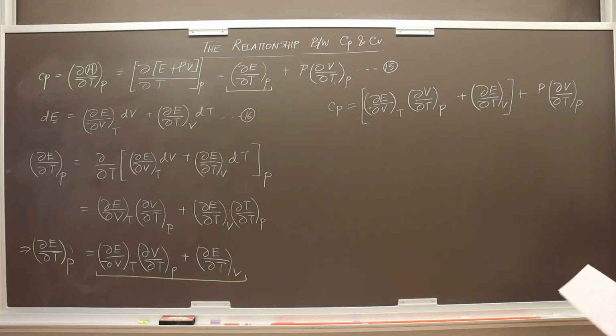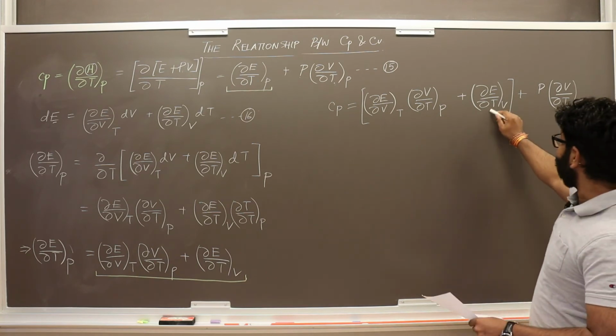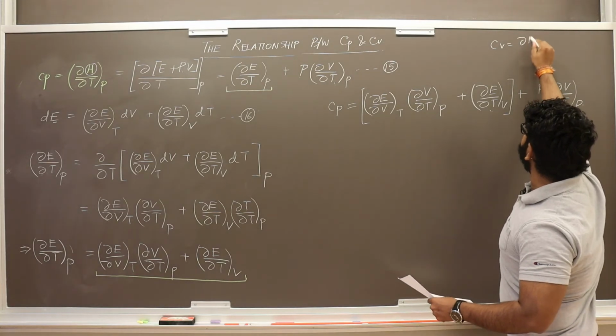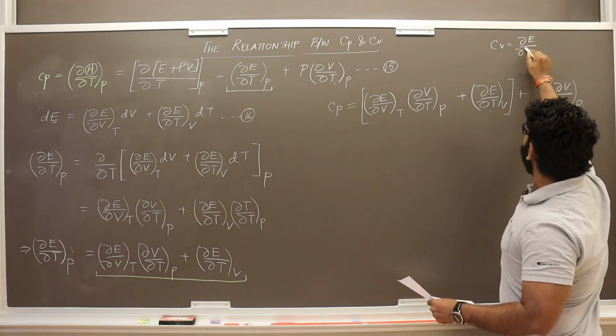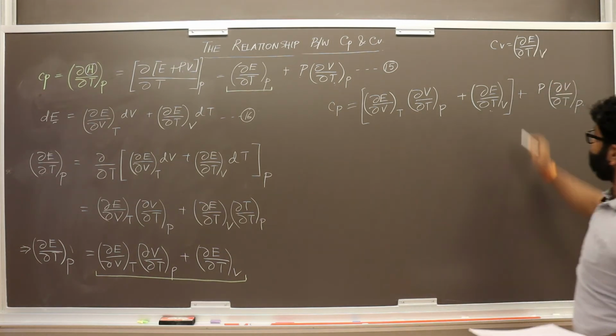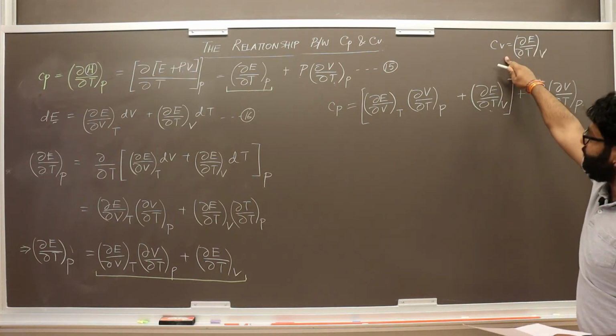Now, remember that this was Cv. What was Cv? Cv was the change of E with temperature at constant volume. So this thing is basically Cv.